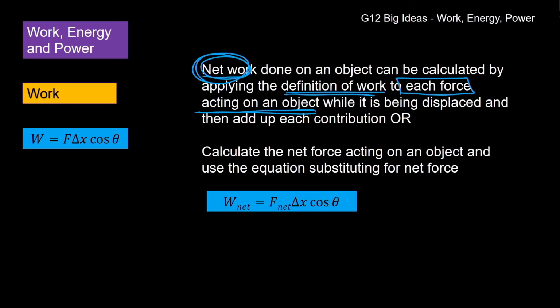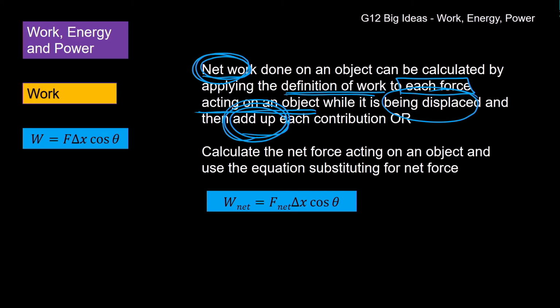All those forces together are doing work. We could find the work done by each individual force acting on this object while the object is being displaced, and then we add them up.